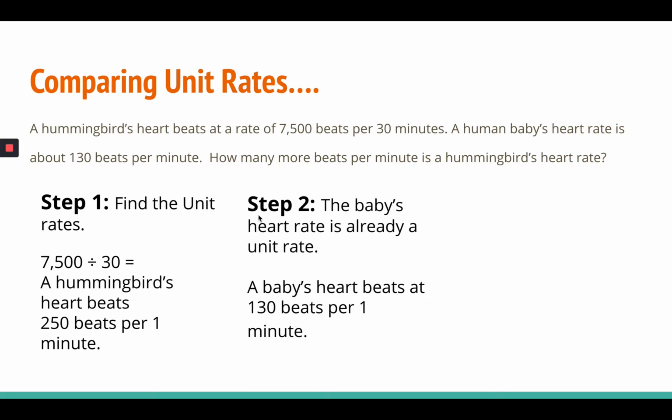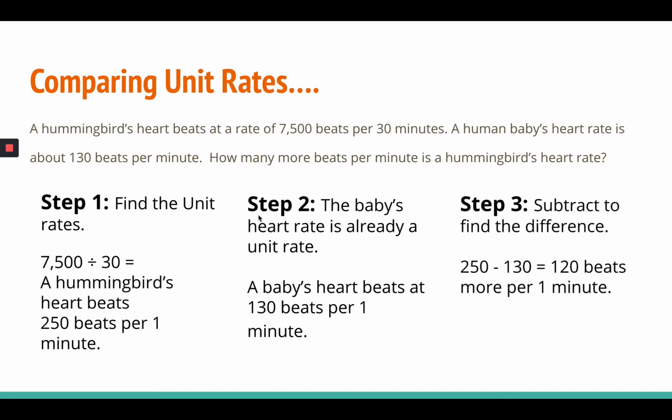Now the baby's heart rate is already a unit rate. It's already 130 beats per 1 minute. Now they want to find the difference, so it's a subtraction problem. You're looking to find the difference between two rates, so I'm just going to take that 250 beats for the hummingbird minus 130 beats for the baby, and it's 120 beats more per 1 minute.